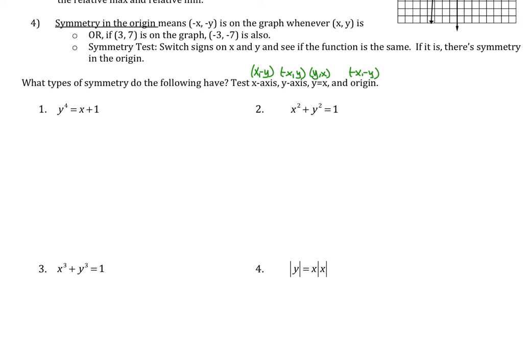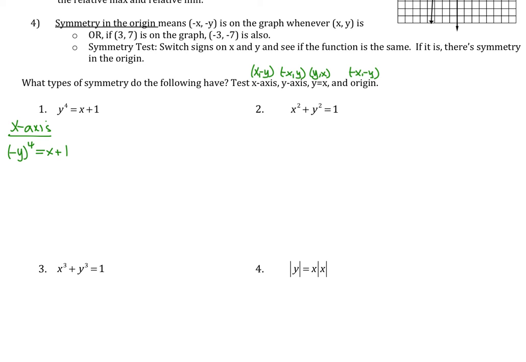So I'm going to start here, testing in the x-axis. That means I have to plug in negative y for y, equals x plus 1.